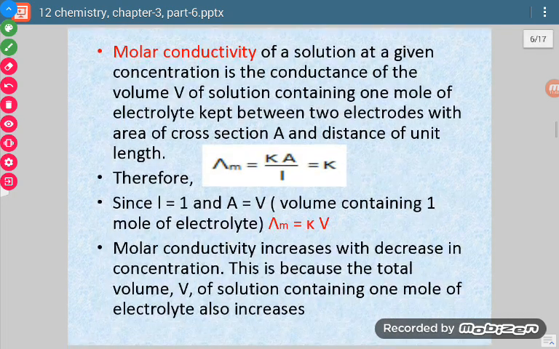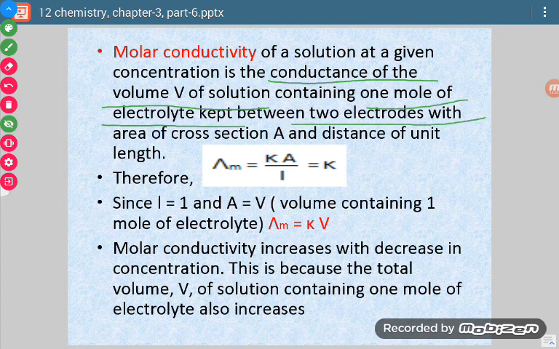Now what about molar conductivity? We just discussed molar conductivity. One more definition we can see here: molar conductivity of a solution is the conductance of the volume V containing 1 mole of electrolyte kept between two electrodes with area of cross section A and distance of unit length.